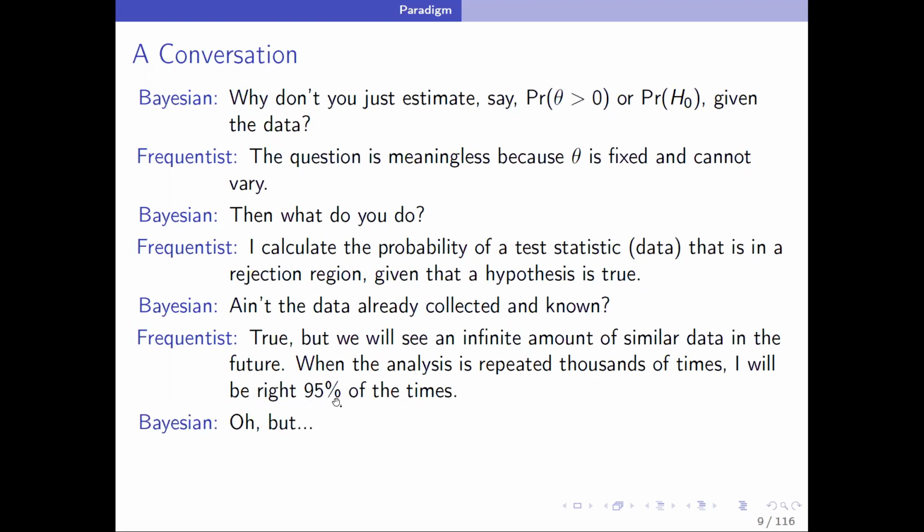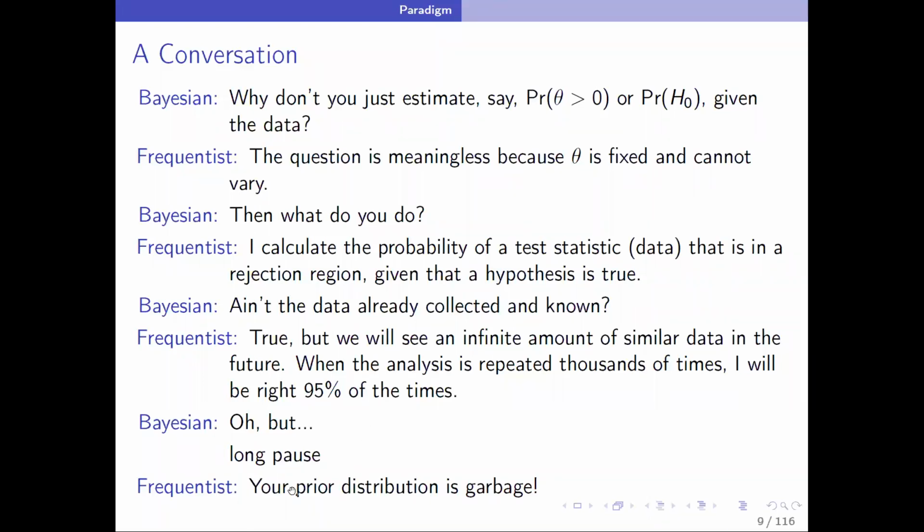Okay, but the Bayesian's perspective is, well, what do you say about the current analysis given the data that you have? Ideologically, frequentists don't have any statement about that because it's not about a particular experiment that one has seen. It is what would happen if we were to repeat it many, many times.